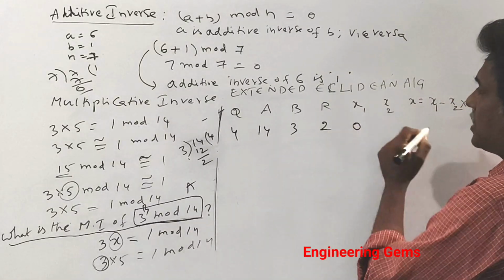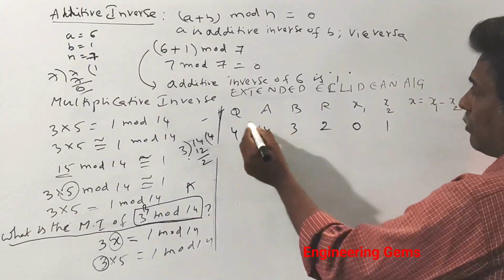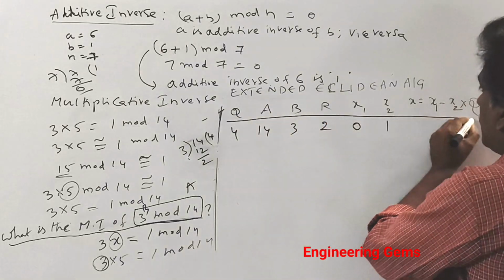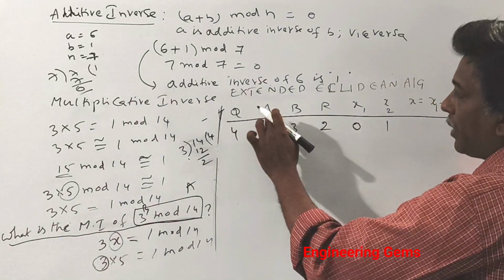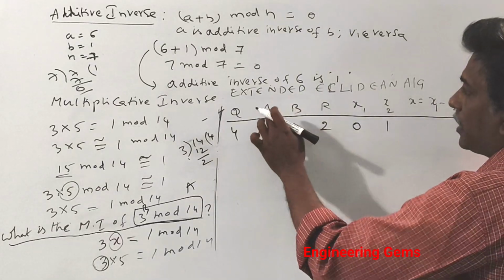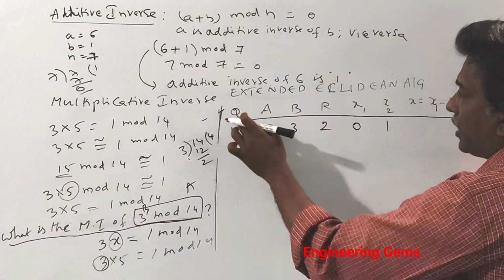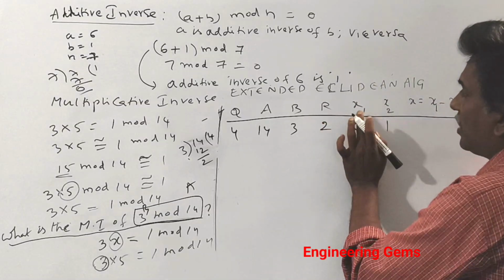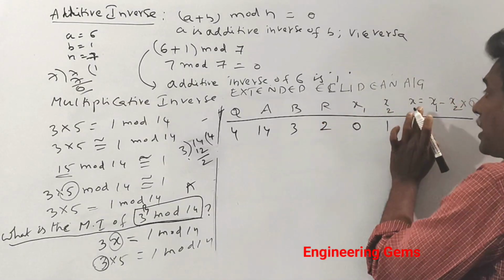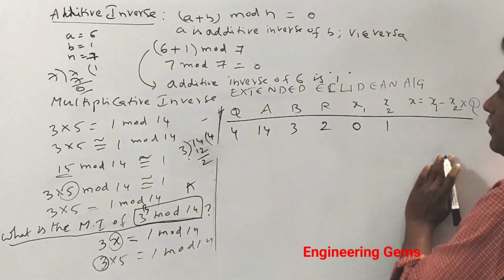Initially x1 is 0, x2 is 1. You need to write a table like this: coefficient, big number, small number, the coefficient value, and the remainder value, then x1 and x2. x equals x1 minus x2 into q.